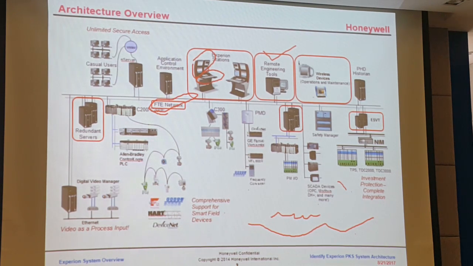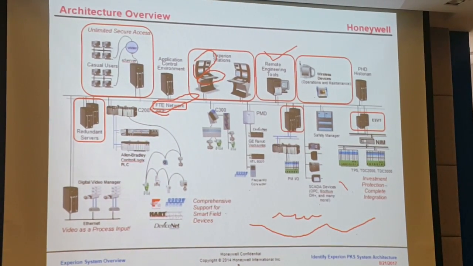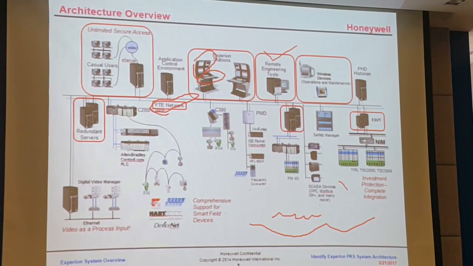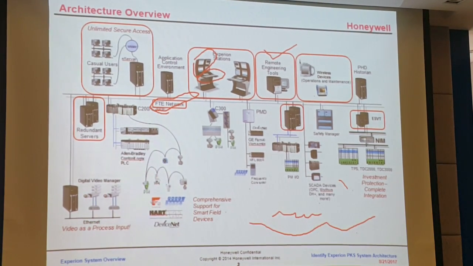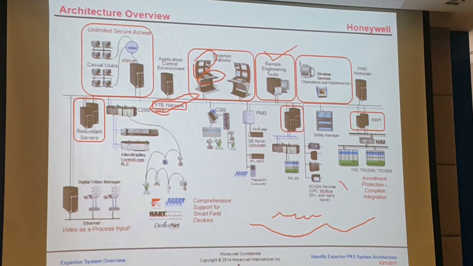We also have something called the e-server here. The e-server provides a casual user experience information. Now, the beauty of the e-server is that the casual user does not need to know the station. You don't need to install the Experion PKS station software on your computer.